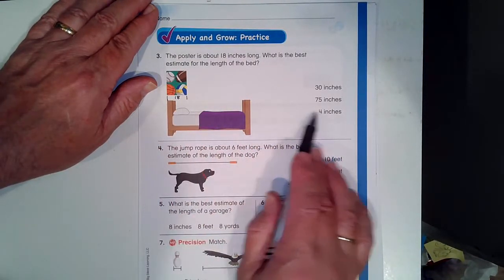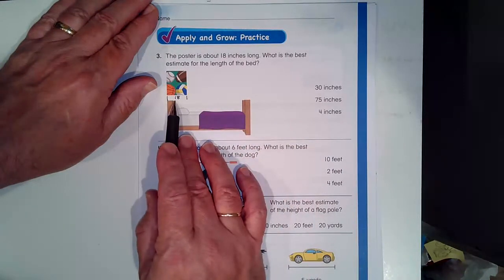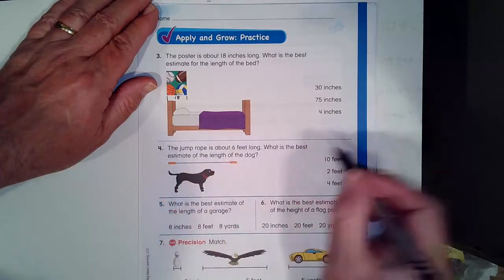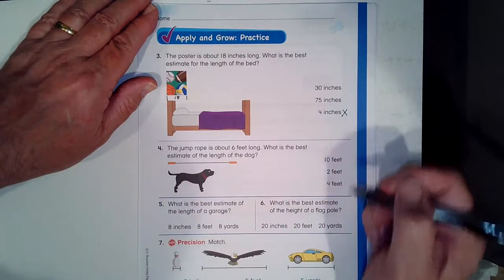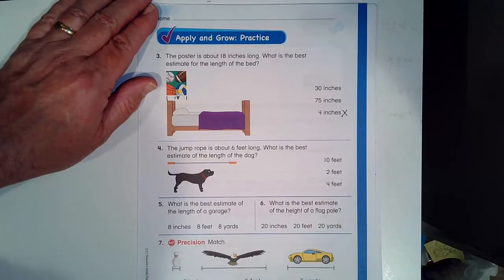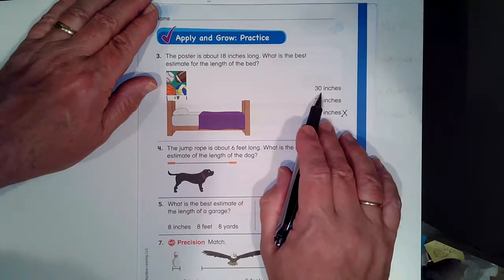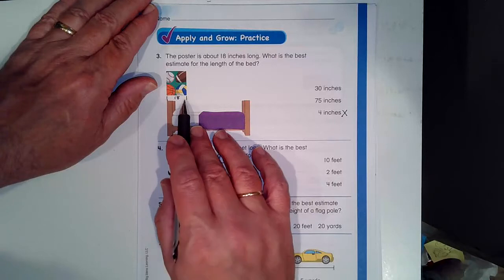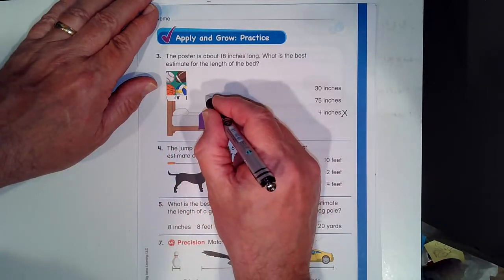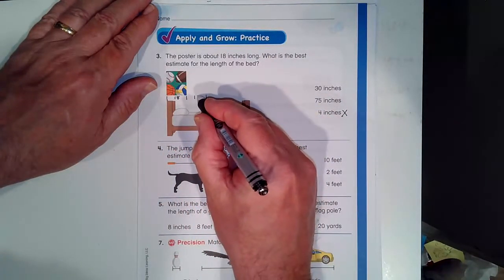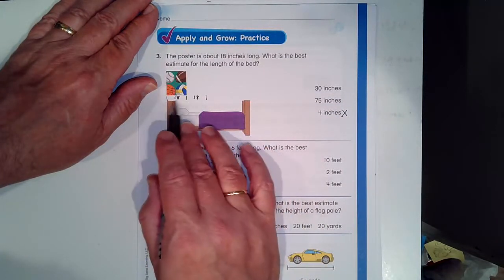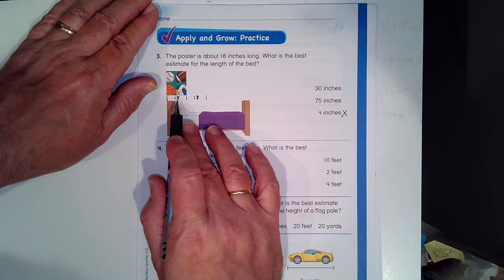No, 4 is less than 18. That would only be way over here. I know that it's not going to be 4 inches. Will it be 30 inches? Let's see. If I have this 1 and I do 1 more, that's 18 and another 18, right? 18 inches, 18 inches.